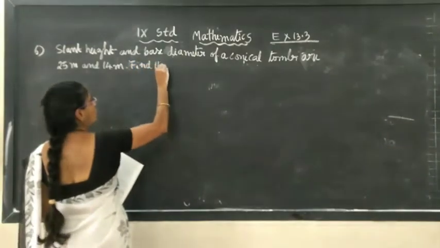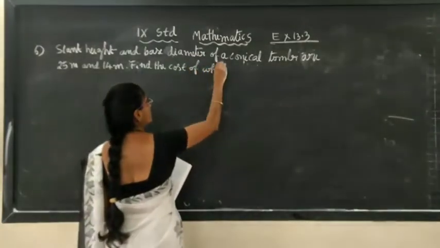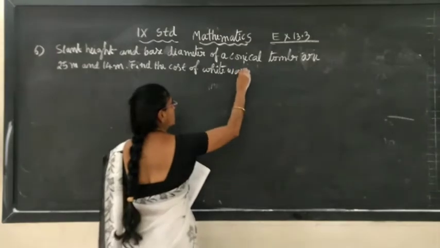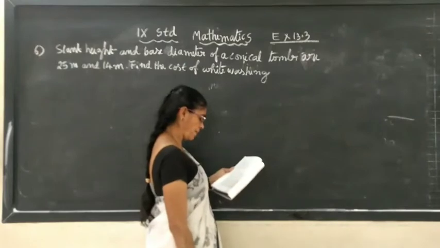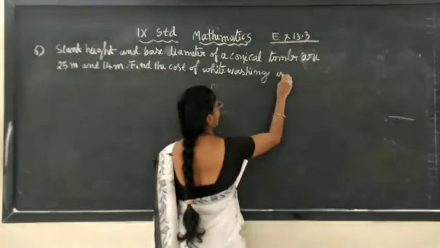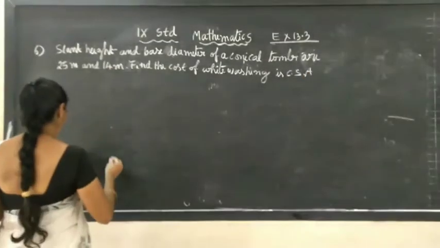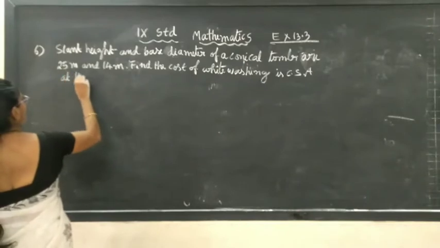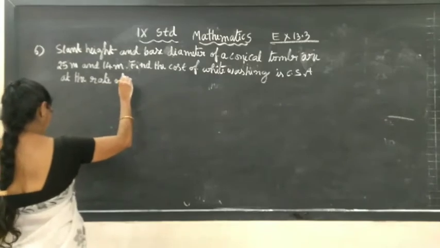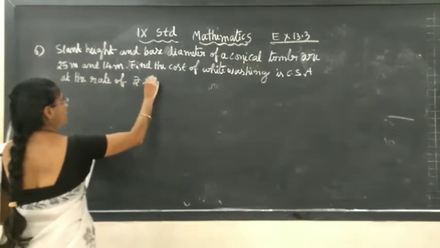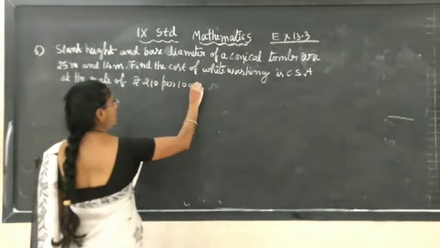Find the cost of whitewashing its curved surface area at the rate of rupees 210 per 100 meter square.